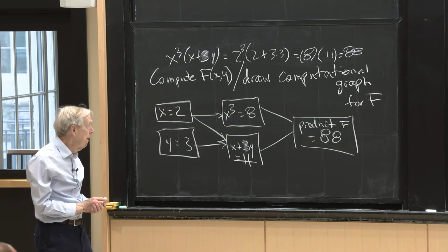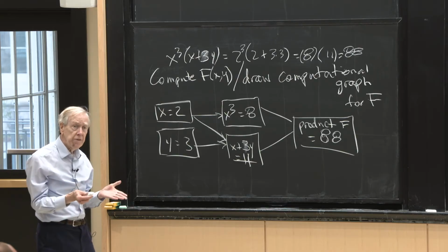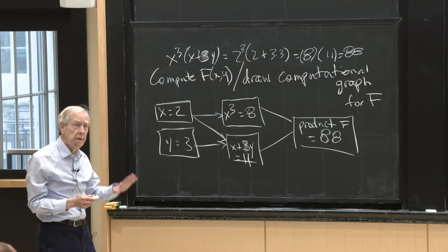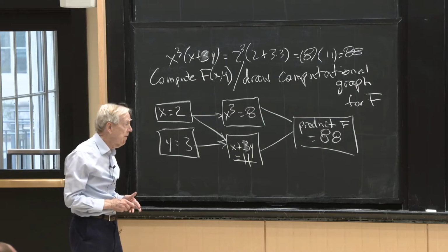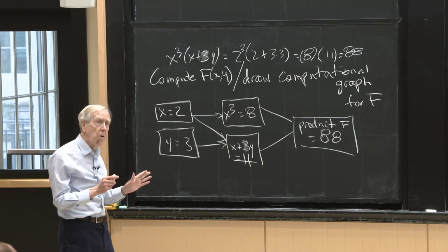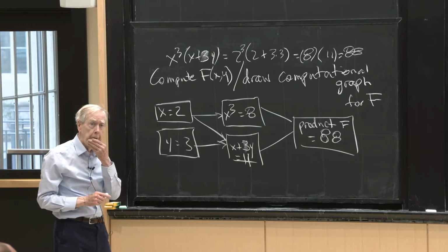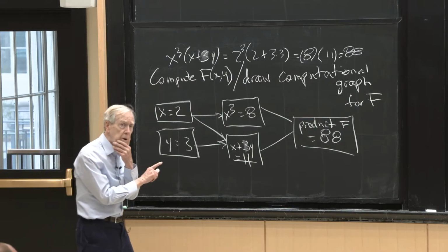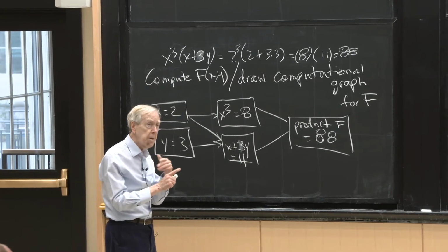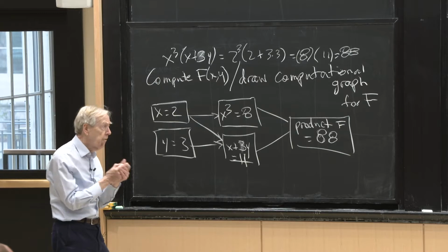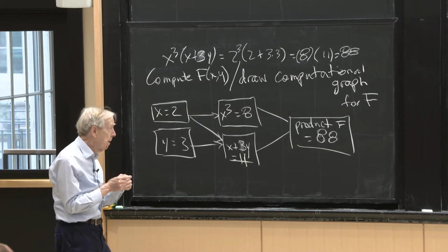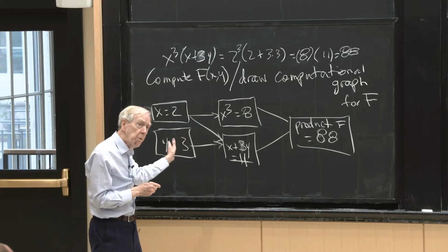Good, good. Now it's the derivatives. Two derivatives to find, df dx and df dy. Suppose we go forward first. My point is going to be that backward is better. Reverse mode is better. But we don't know what that means until we've gone forward.